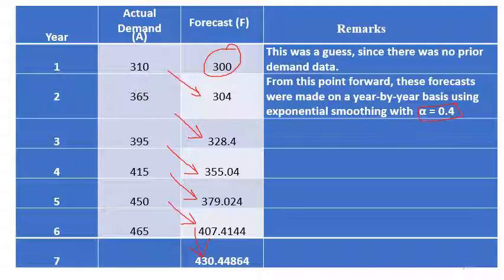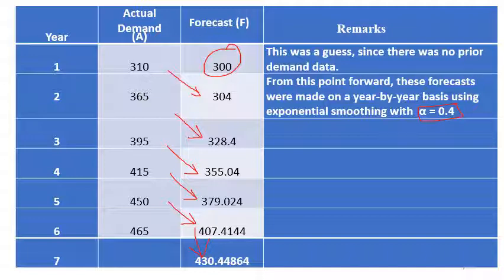So this actual demand is not in your hand, but how robust and reliable your forecasting method is can be judged by certain methods. So we will be discussing certain measures, rather not methods, measures. What are the measures to judge whether one forecasting method is better than the other, and by which you can say that the existing forecasting method employed by the organization should be continued or not?